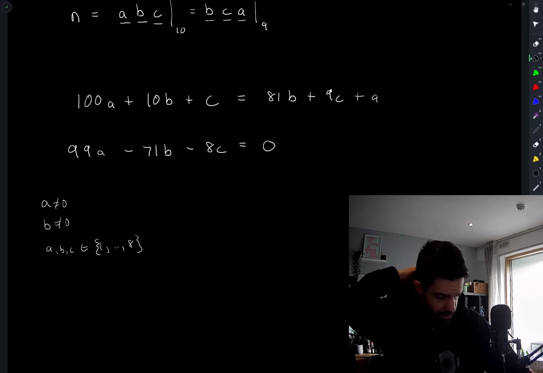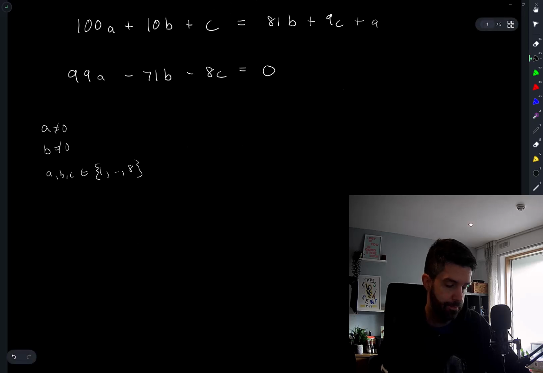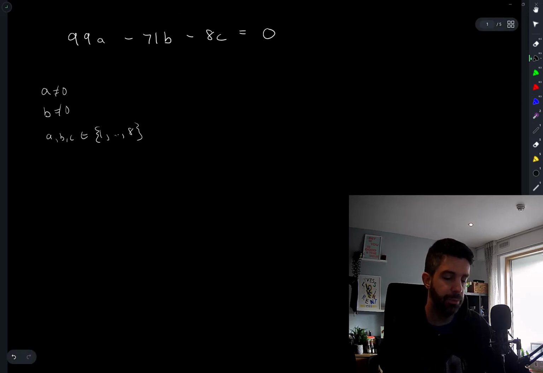If I wrote this equation mod 8, that's 0. Simplifies those a bit. Maybe we can solve for A and B. I'm going to try that so that I don't have to brute force so many different combinations.